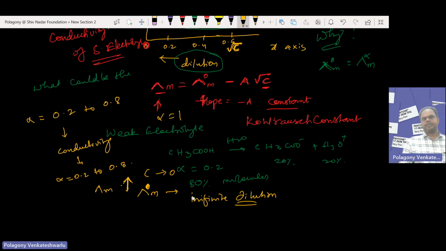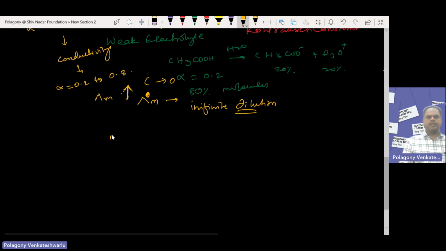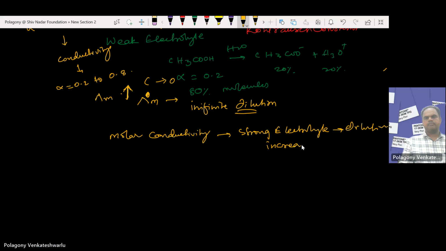Simply, what I want to say from this is that the molar conductivity of the strong electrolyte upon dilution increases with decrease of concentration of the electrolyte.